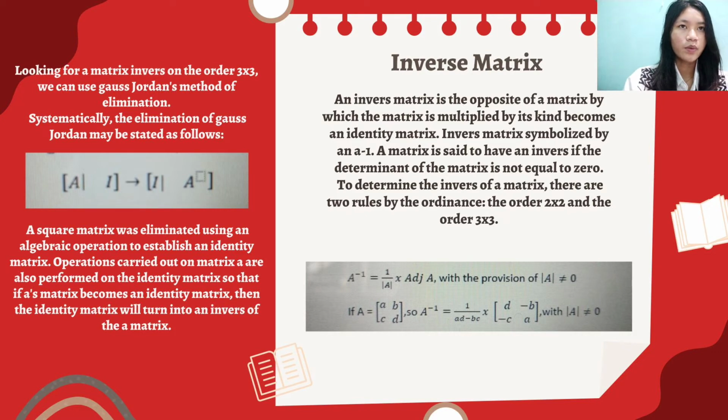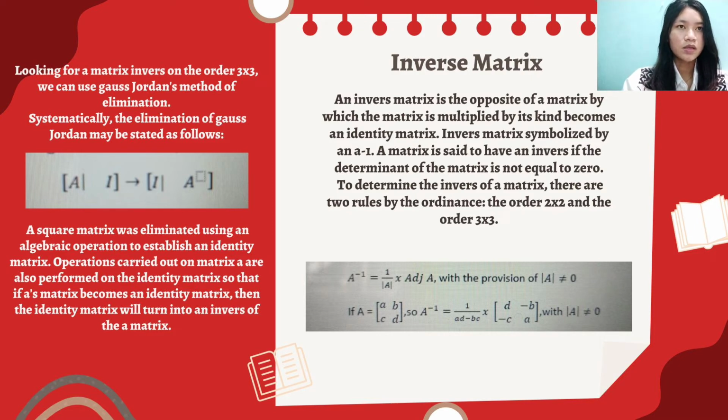If A equals ABCD, so A pangkat minus 1 equals 1 per AD minus BC dikali D minus B, minus C A, with AD minus BC not equal to 0.